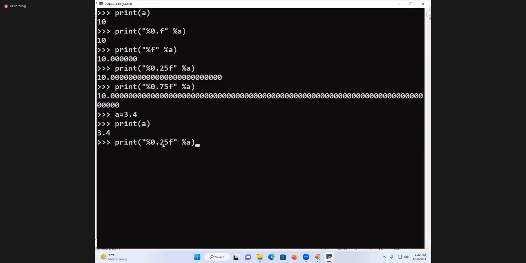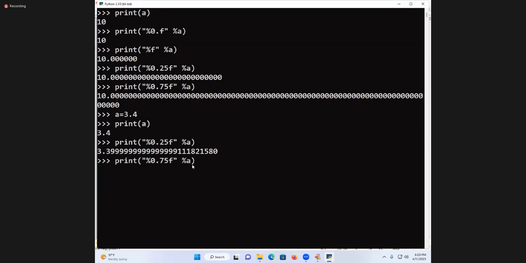After the dot, I'm printing 25 decimals. See what is happening. It is printed as what? 3.4 is not always 3.4. It is going to contain 3.39999, etc. What does this indicate? Is it certain or uncertain? Uncertainty is there.